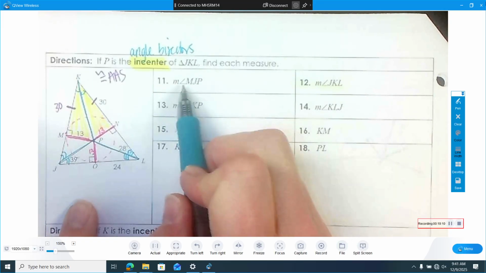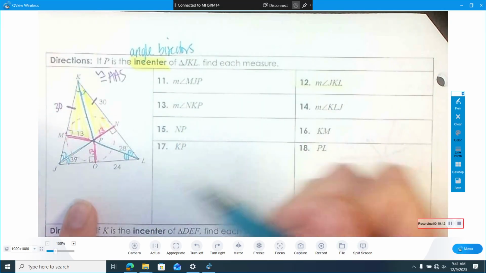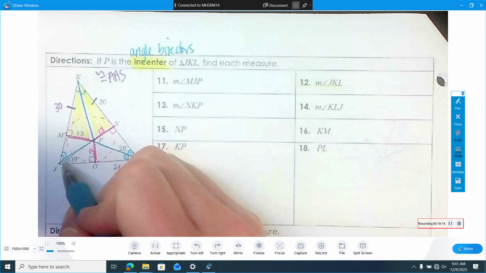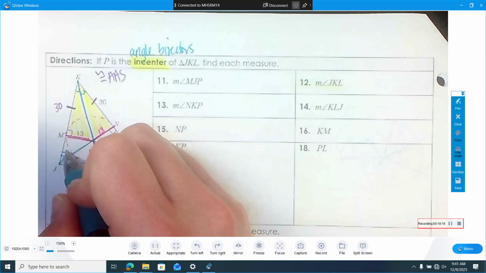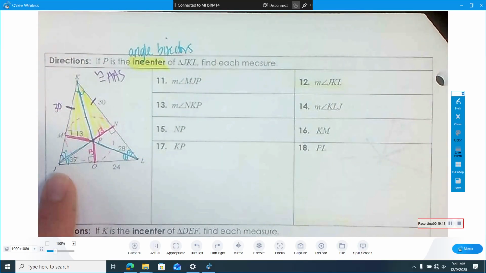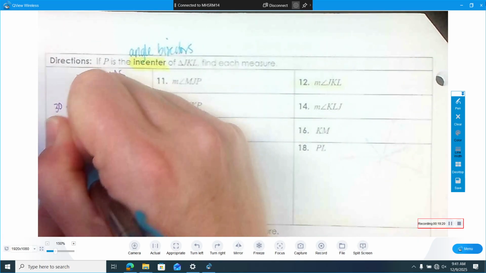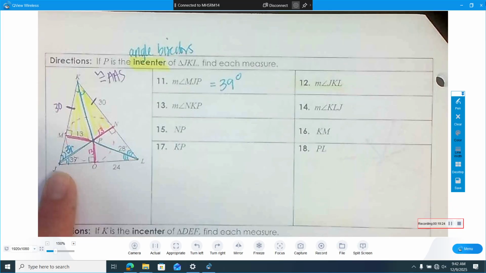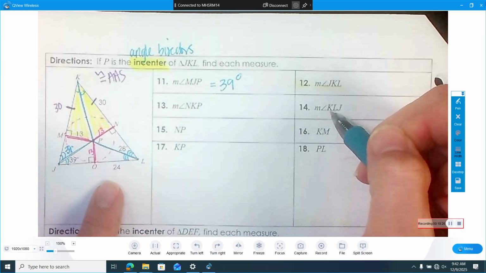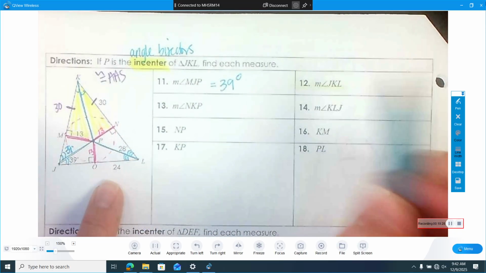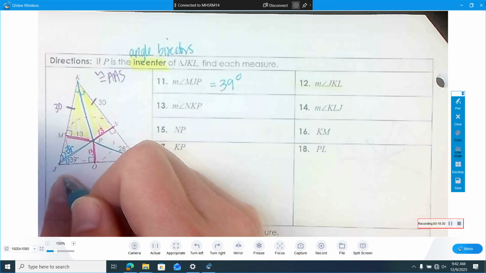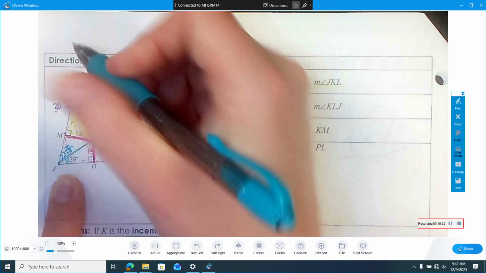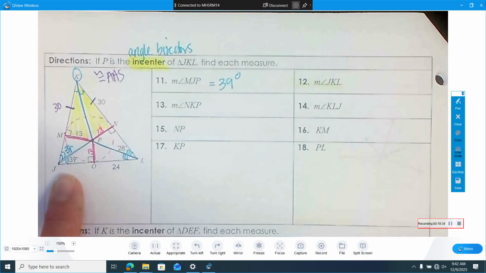The measure of angle MJP. This angle right here. 39. Also 39 degrees. Because we bisected those angles. The measure of angle JKL. That's the whole big angle K here. What are we going to do with that? 30 plus.